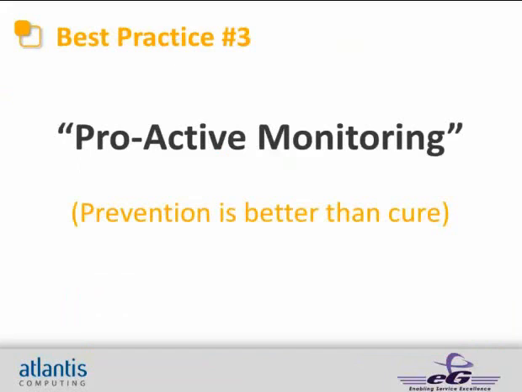Let's look at the third approach, which is proactive monitoring. We sometimes call it preemptive performance management. This is essentially critical in the sense you need to understand behavior of your environment over a period of time, and you need to be able to predict how behavior will be in future.